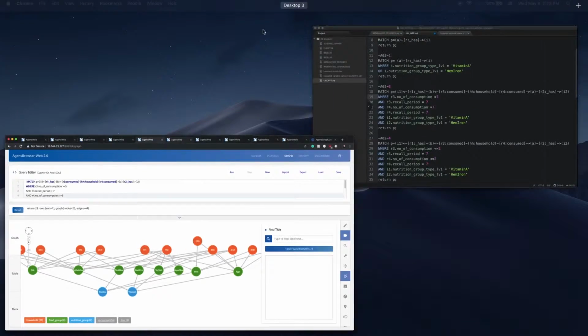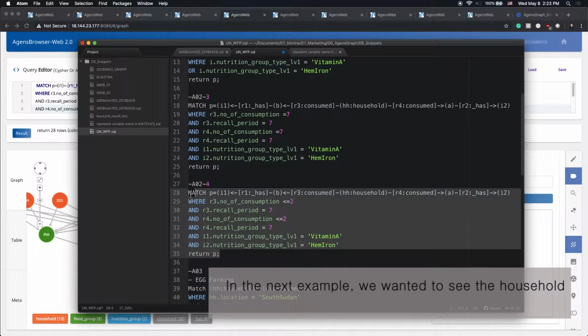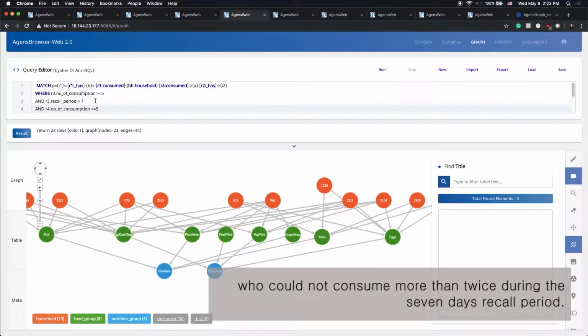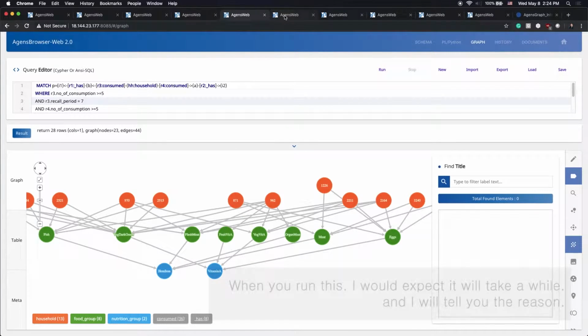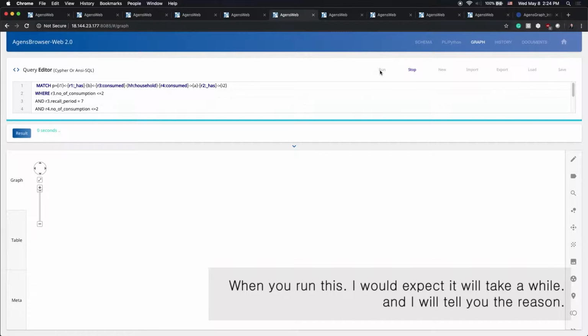In the next example, we wanted to see the households who couldn't consume more than twice during the 7-day record period. When you run this, I expect it will take a while.